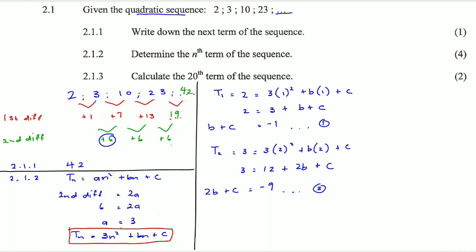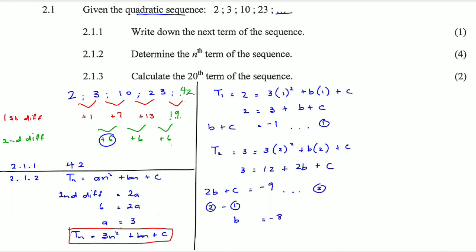Equation 2 minus equation 1 will eliminate c. Equation 2 minus equation 1. We have 2b minus b will leave us with b. C minus c is 0, and that's equal to minus 9 minus minus 1 is minus 8.